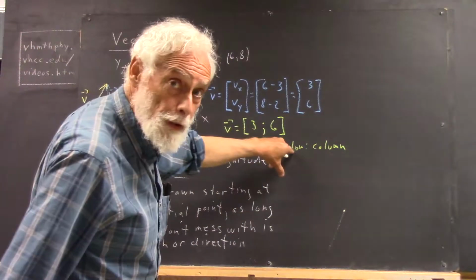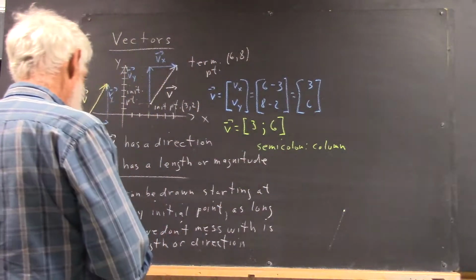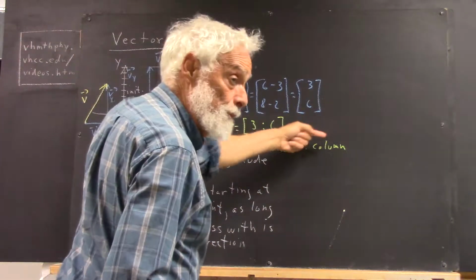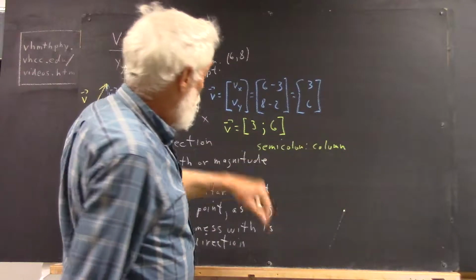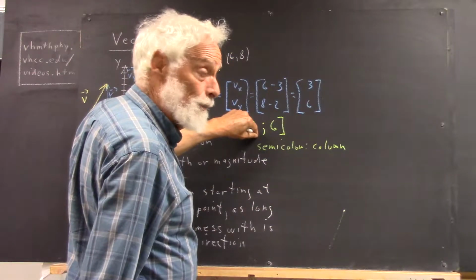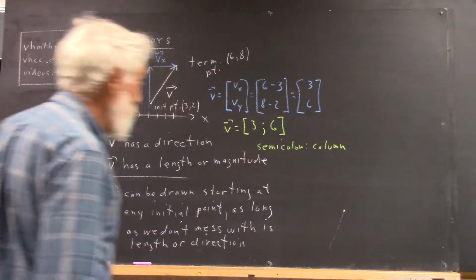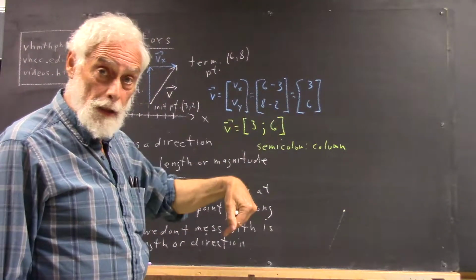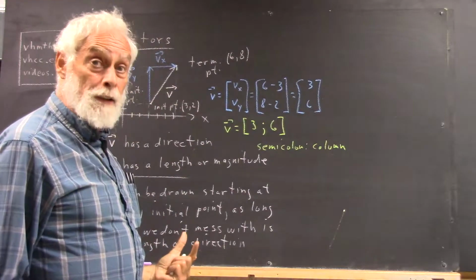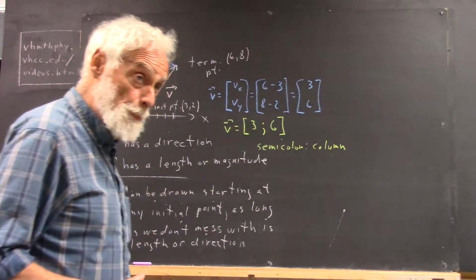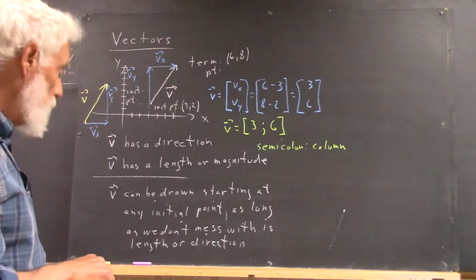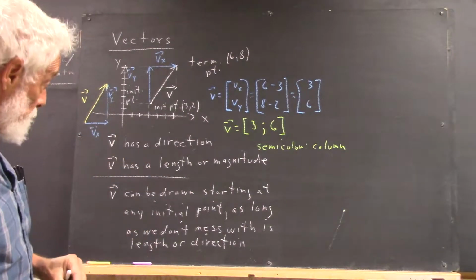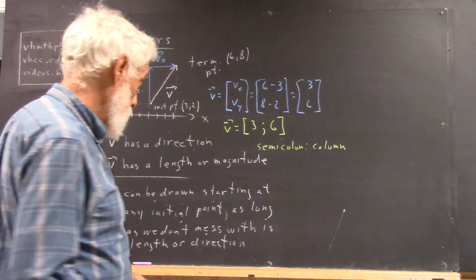Semicolons separate columns. Okay, sometimes I'll write row vectors, and they're separated by commas. Although when we write them out on paper, we don't even put the comma in. But to distinguish a row from a column, I'll use a comma to make it a row and a semicolon to make it a column, and you'll see that shortly. So that's one possible notation.